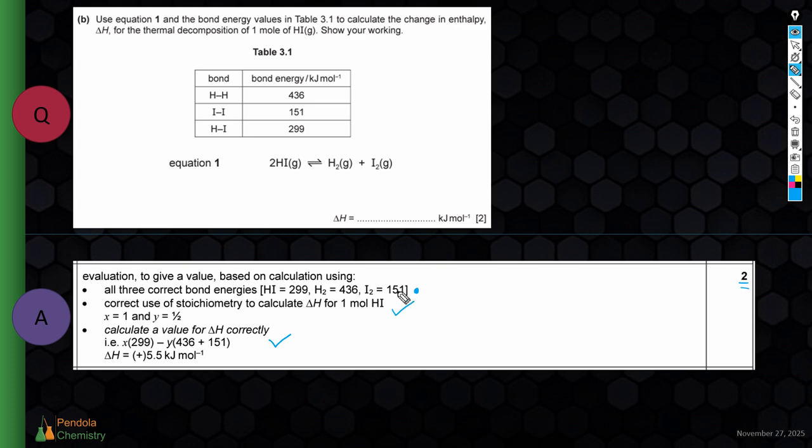If you only do 1 of these things correctly, let's say you just use all the bond energies, then you wouldn't get any points. But that's it. This is just a very simple Hess cycle using the same Hess cycle ideas and knowledge from the previous section, but we're doing it here with a new type of enthalpy change, which is bond energy, just the enthalpy change of breaking bonds.